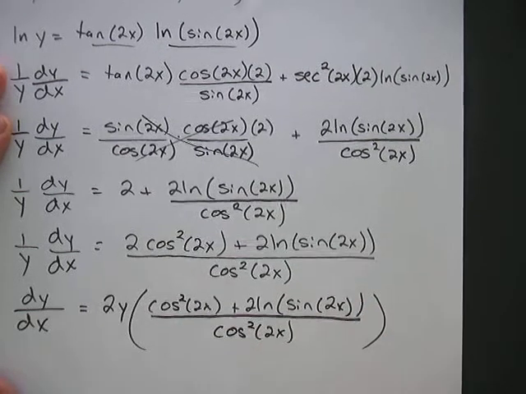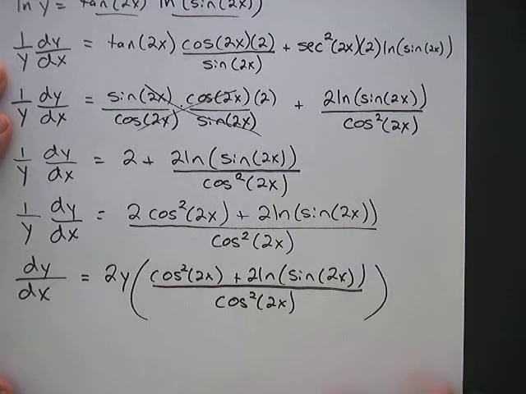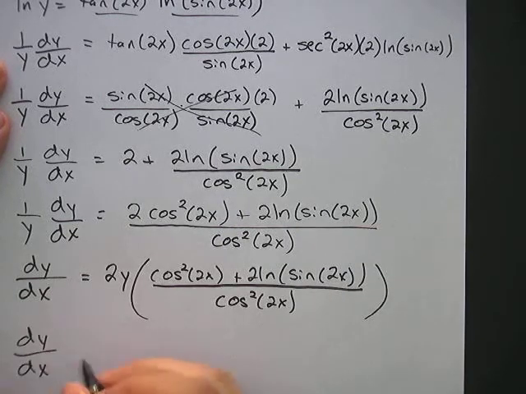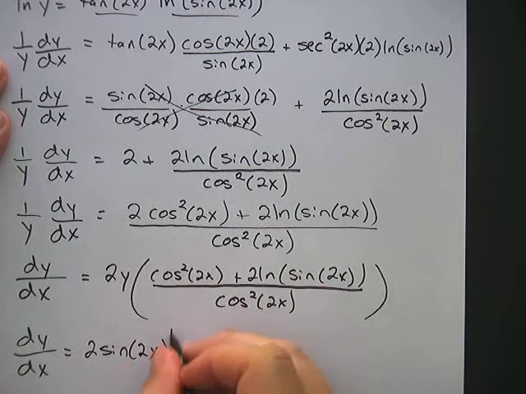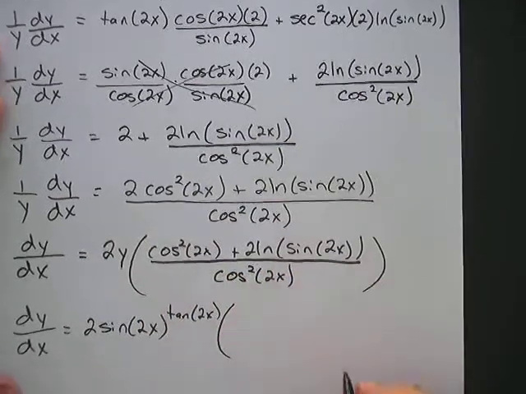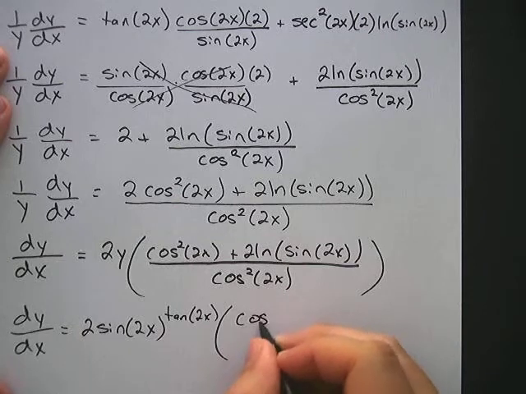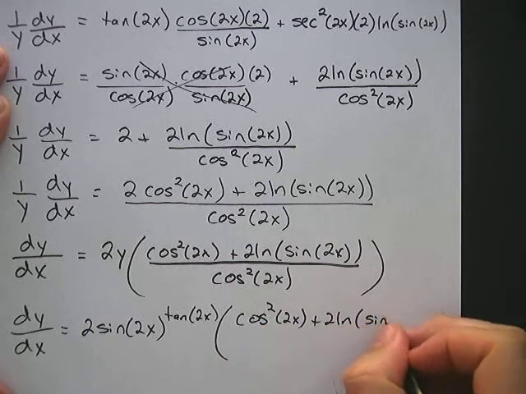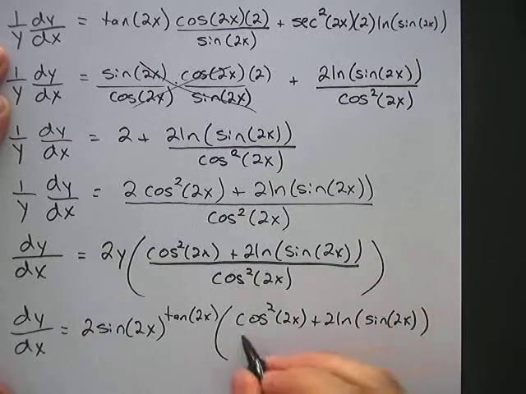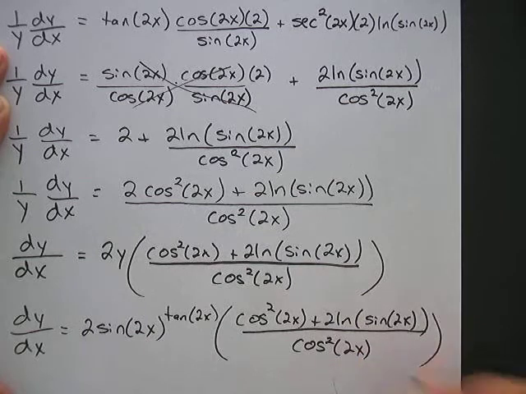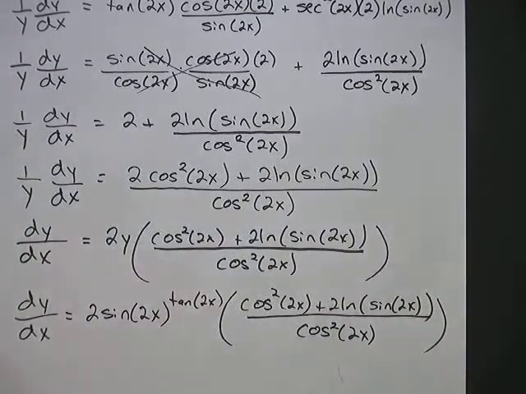The last step is to substitute the sine 2x to the tangent 2x power. So here is our final answer: equals 2 times sine 2x to the tangent 2x power, all times cosine squared of 2x plus 2 ln of sine of 2x, all over cosine squared of 2x. And that is your derivative.